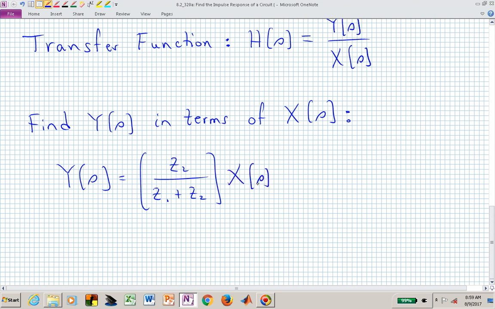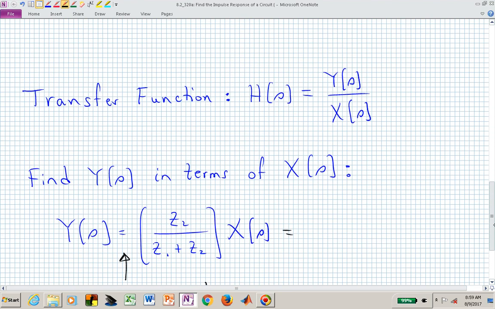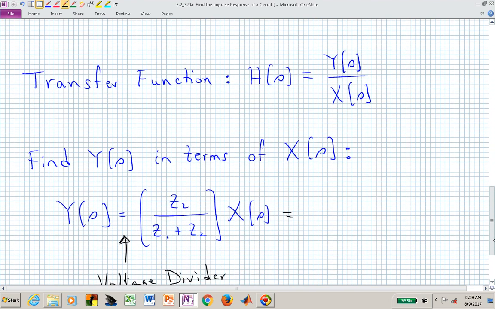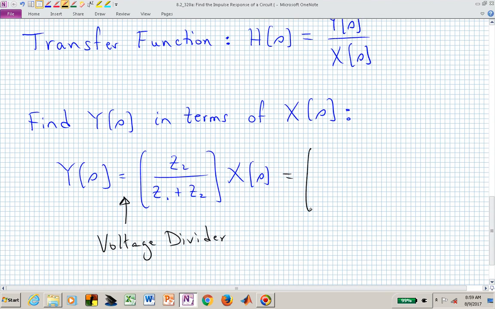This is now a voltage divider that we've used to quickly find an abstract connection between the input X and the output Y. But now that we have this in terms of Z2 and Z1, we know what Z2 is in terms of more particular expressions. That's 1 over SC, and Z sub 1 is simply R in this particular first order low pass filter.